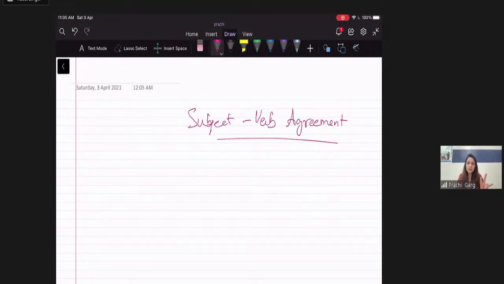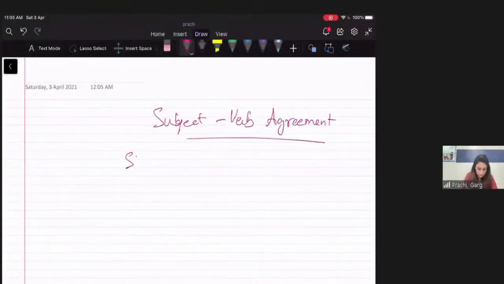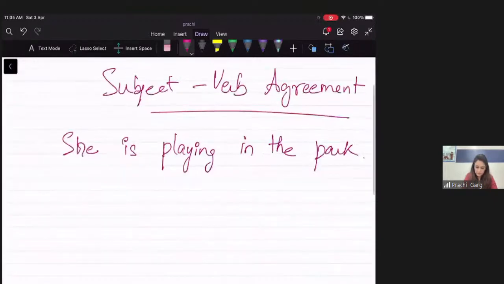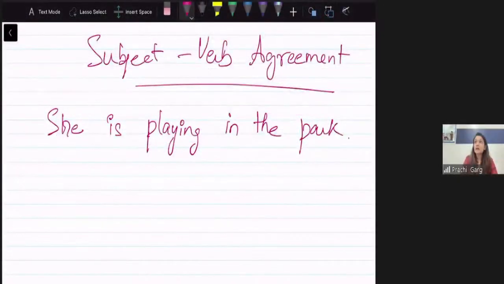Look at these two sentences. She is playing in the park.